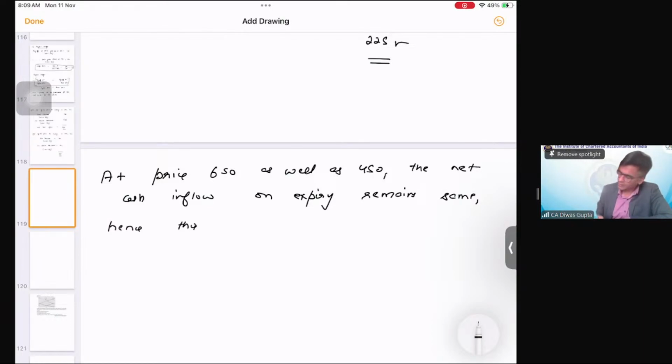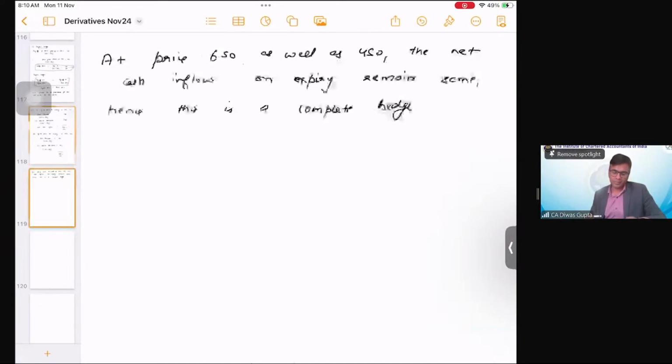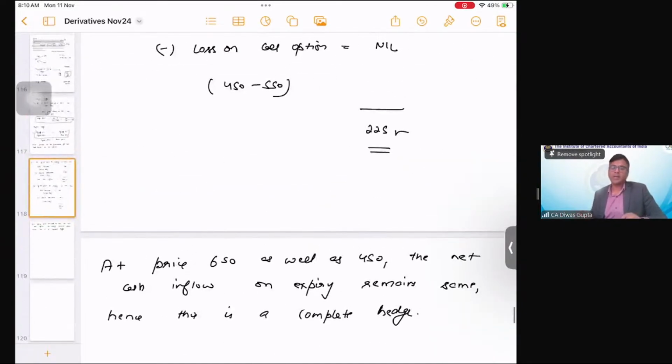Hence, this is a complete hedge. Clear, students? Any questions or any doubts till now, please do let me know.